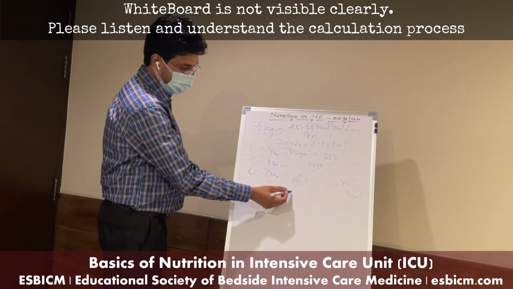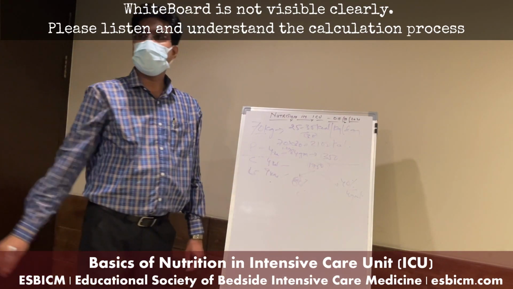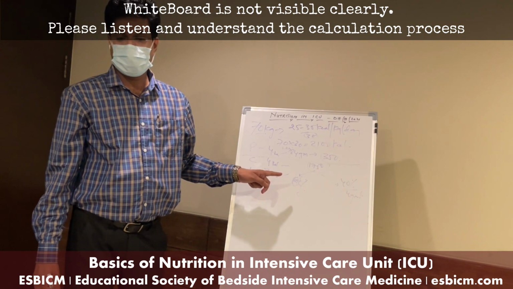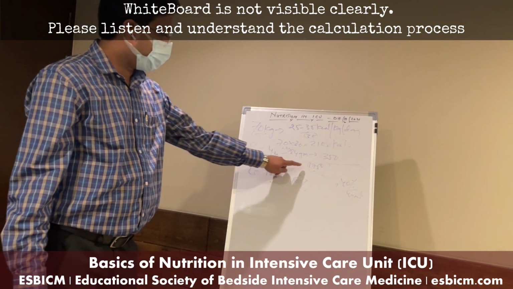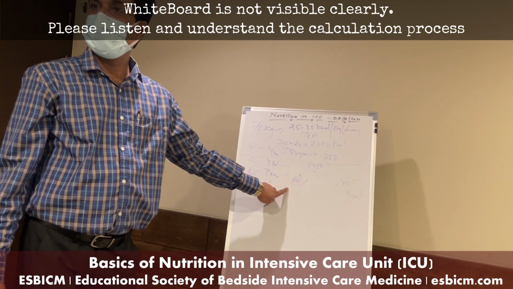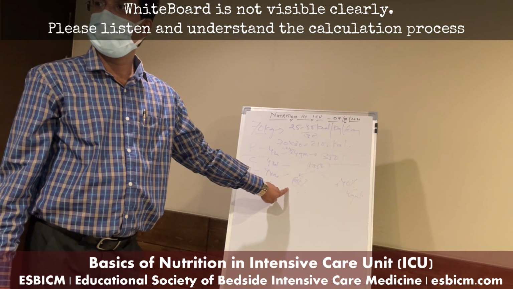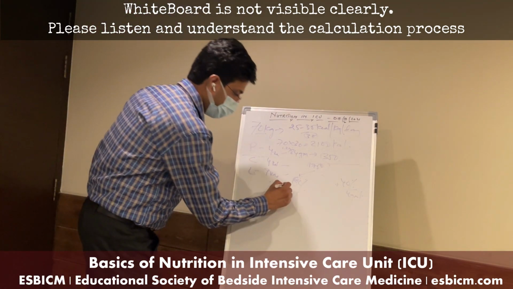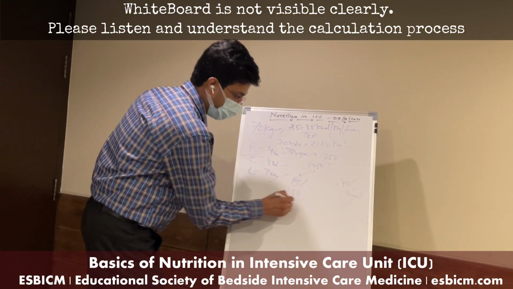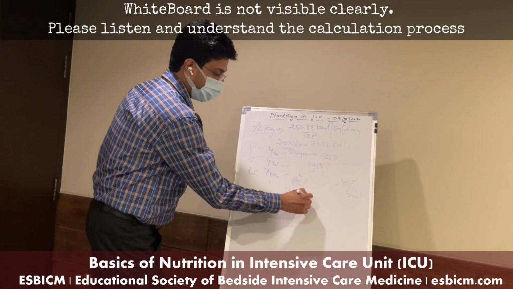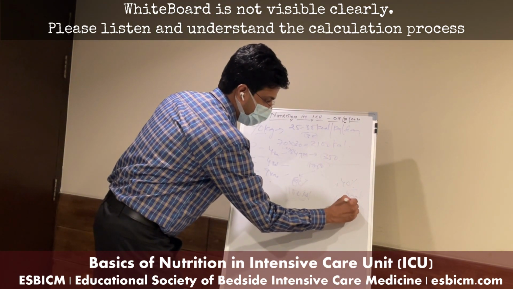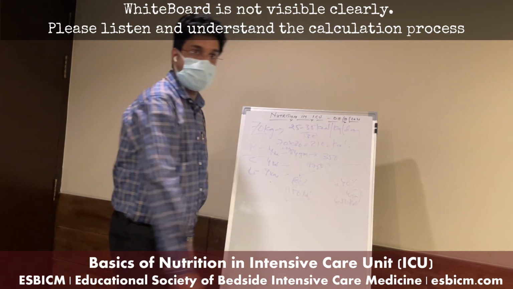So what is 60% of 1750? Approximately 1100. So 1100 kilocalorie should come from carbohydrate and the remaining 650 kilocalorie should come from lipid.